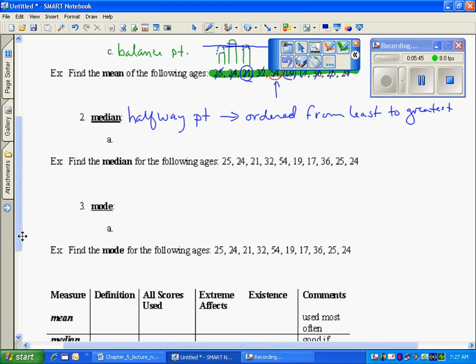So looking at this list of data that we had earlier, notice it's not ordered. So if I put it in order, and from this order, all I'm going to do is find the halfway point. So if I go through and search, I'm just going to start knocking these off until I get to the middle. Now the problem is here, I've got 4 and 1, 2, 3, 4.